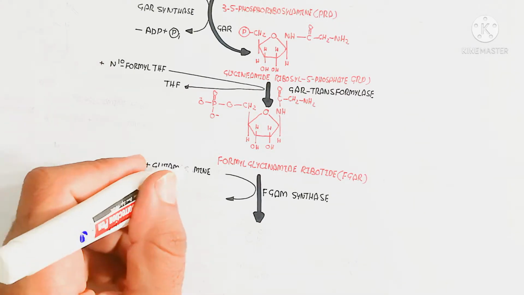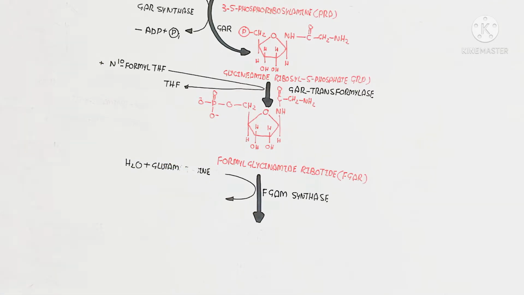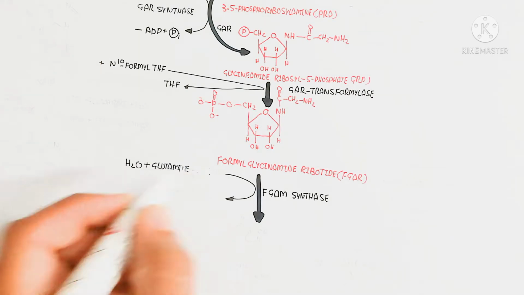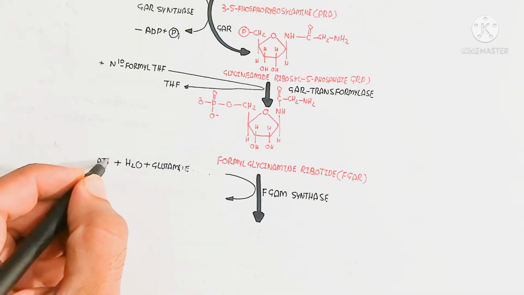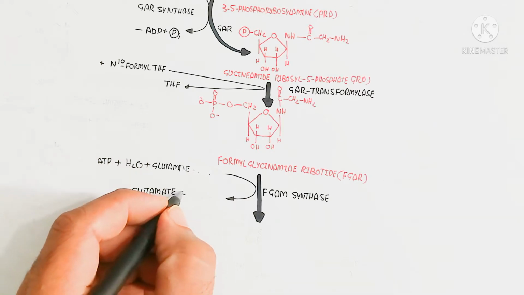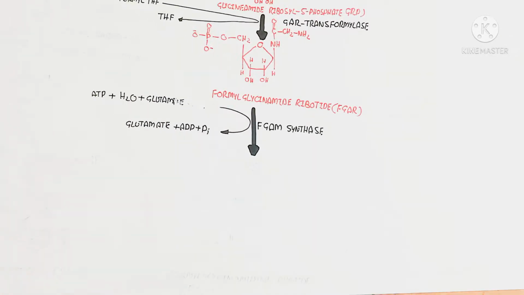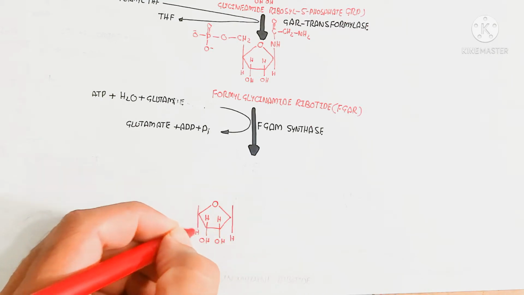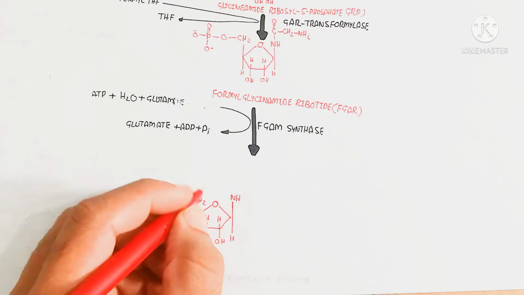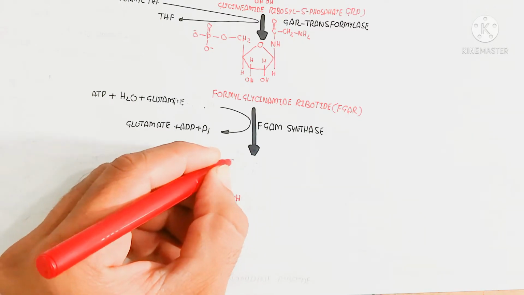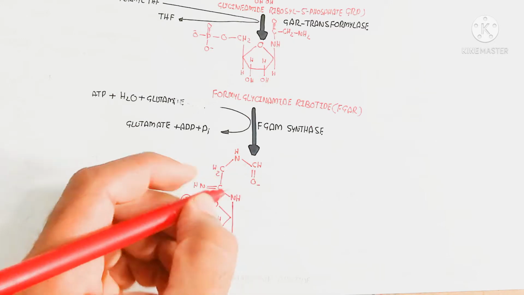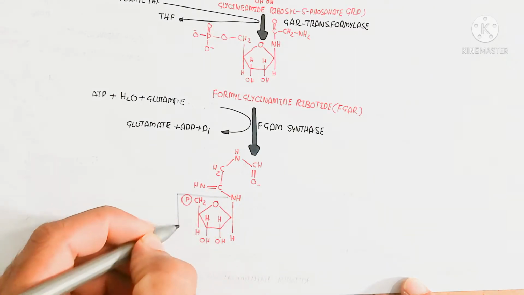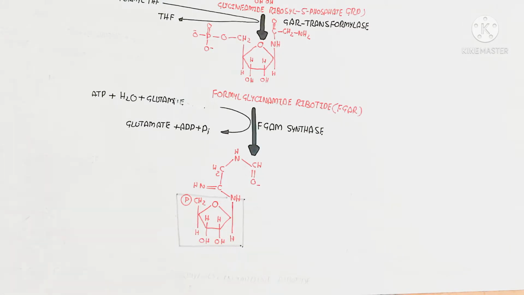And after this, FGAM synthase enzyme is used in the presence of water and glutamine as well as ATP. ATP, water and glutamine are used to separate the glutamate, and in this way you can see in this diagram the production of ribose phosphate and formyl glycinamide ribotide, which is known as FGAM.